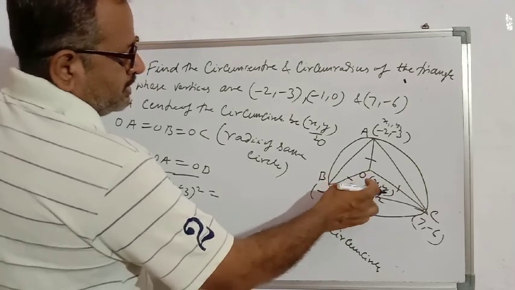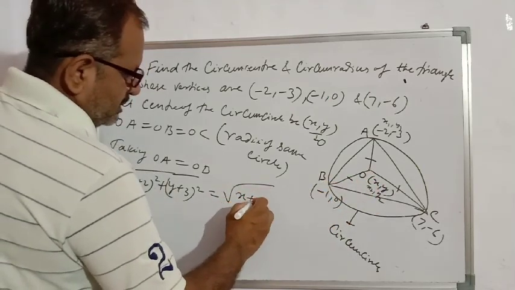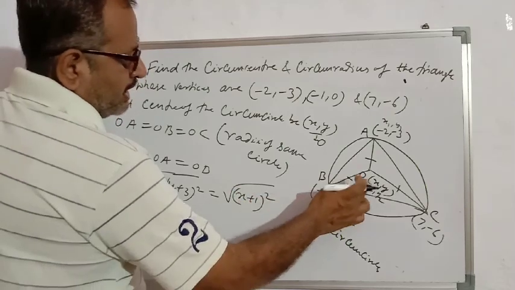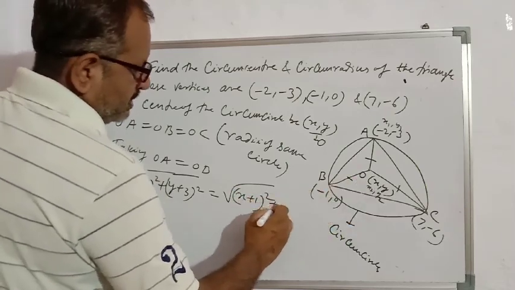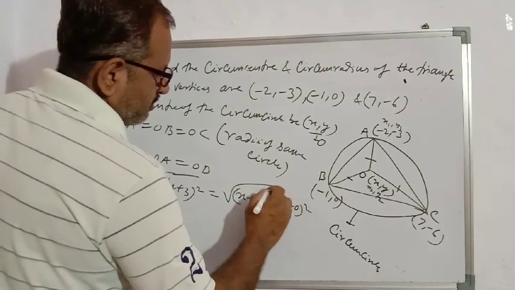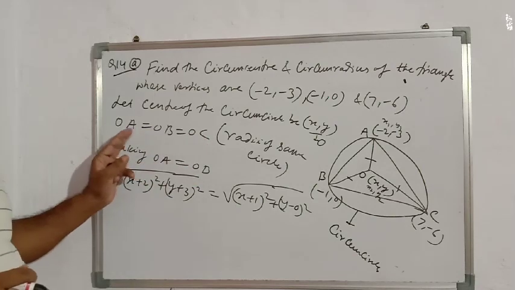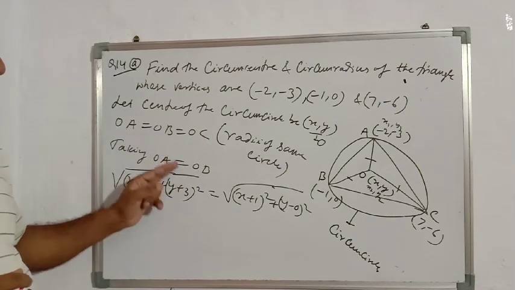OB is this one. So x minus minus 1, so it will be x plus 1, and y minus 0 whole square. So OA, OB, OC are equal. Firstly, we are taking OA is equal to OB.